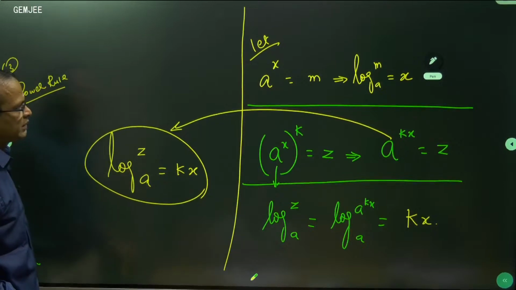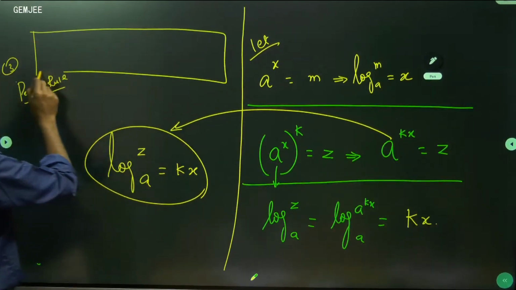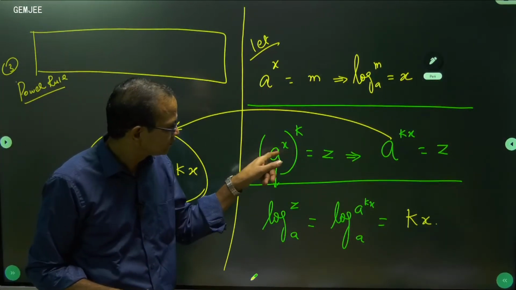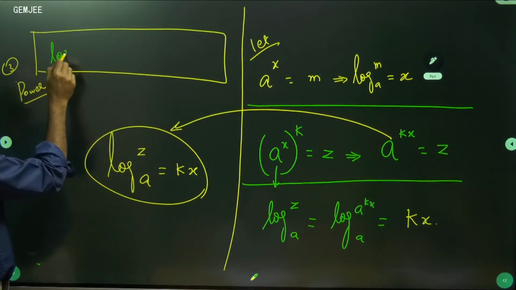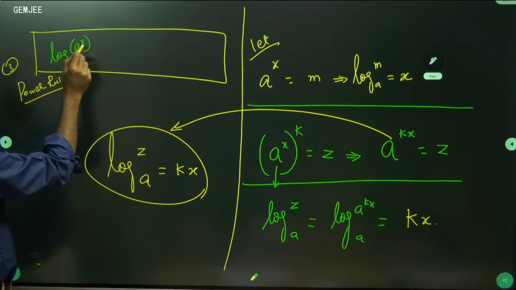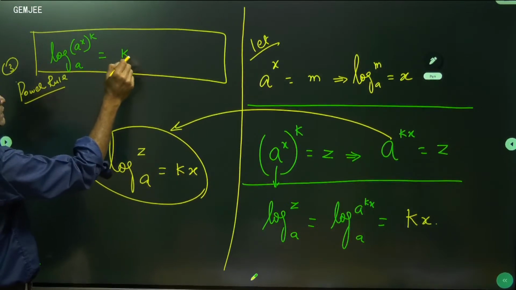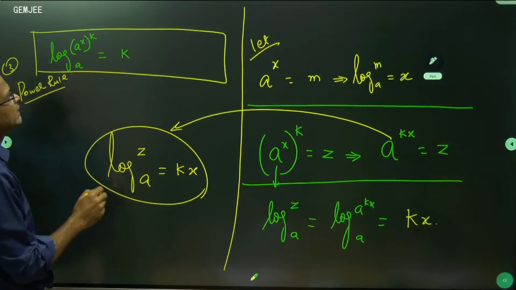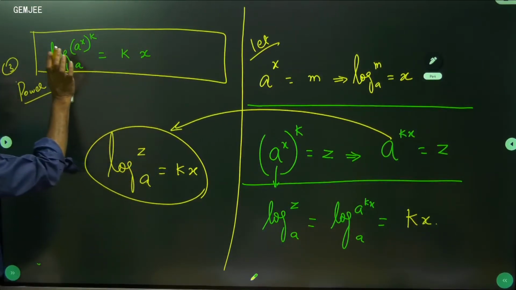Now what have we finally proved? Who is this z? a power x the whole power k. So log of a power x the whole power k to the base a is equal to k times x.